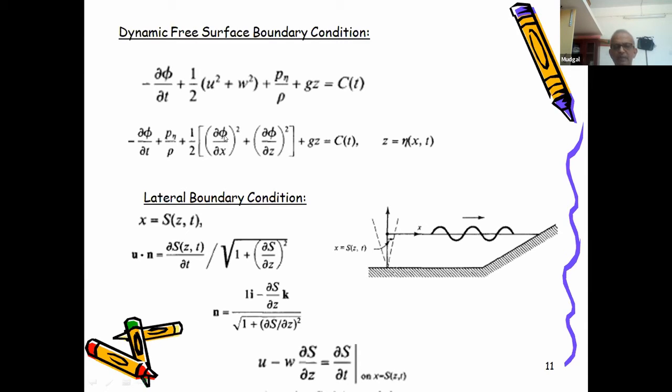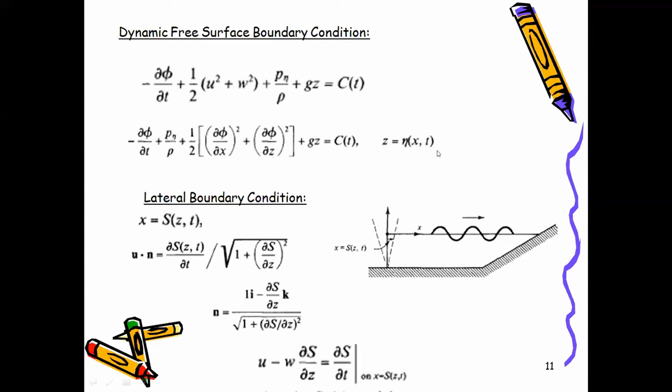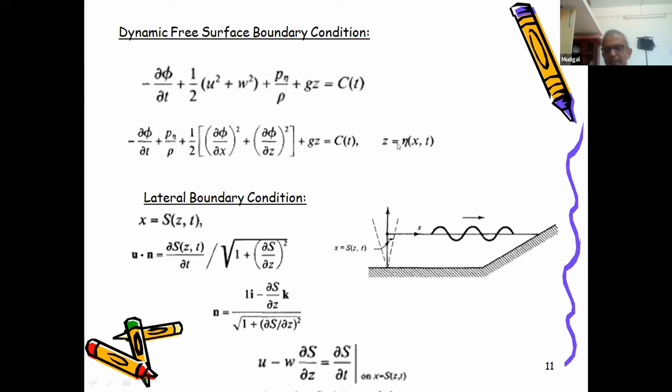So u is equal to minus del phi by del x, and w is equal to minus del phi by del z. And when you square it, it will become plus. So you substitute this, and this has to be substituted at z is equal to eta of x, t. So this is the dynamic free surface boundary condition.